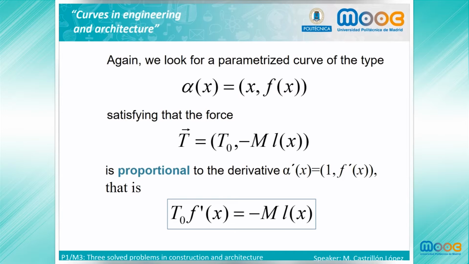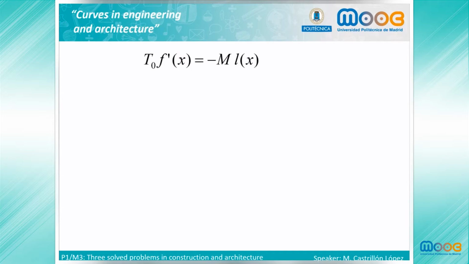We look for a parametrized curve of the type the graph of a function, satisfying that the force computed in the previous slide is proportional to the derivative, that is proportional to the tangent vector. Mathematically, this implies the condition at the bottom of the screen. We have to find a function satisfying that relation.